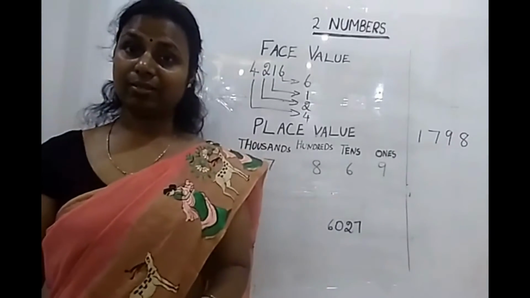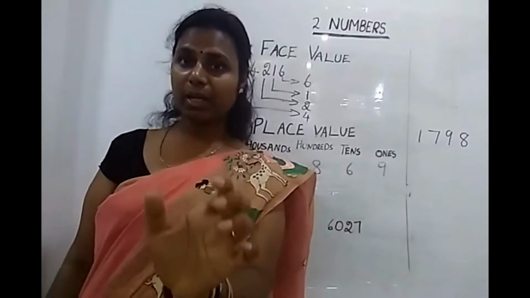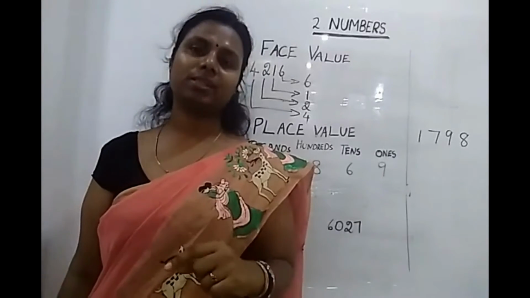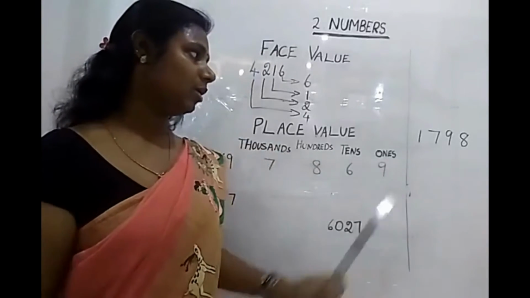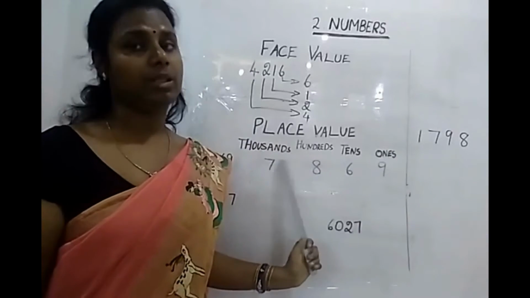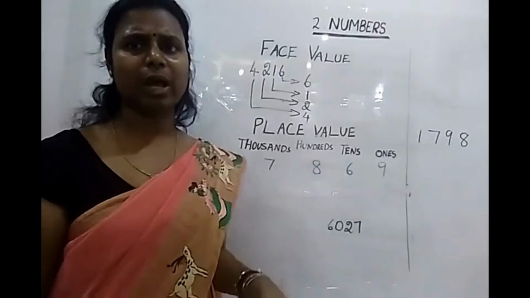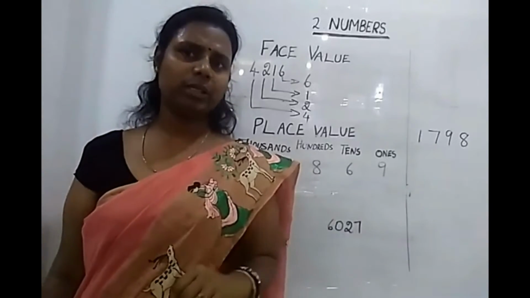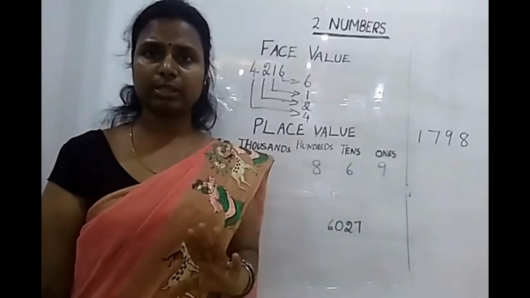Okay. The word itself, place value. So here we have to think of places. Already you have learned ones, tens, hundreds, thousands. This is the place value chart where we write all the places. You have learned 4 places, so I have written only 4 places.